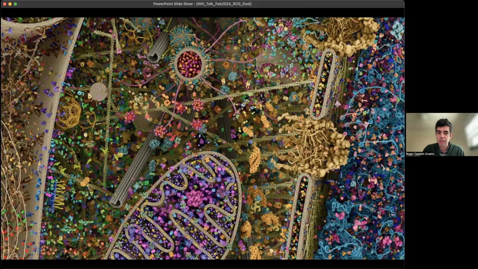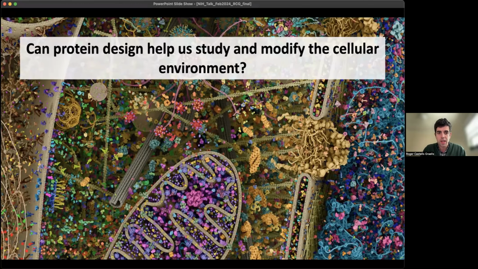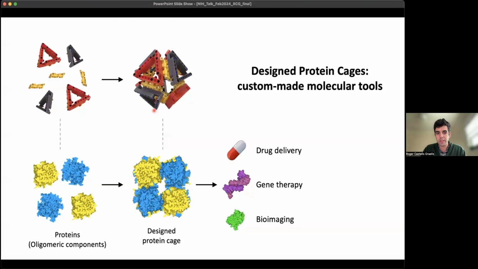But if we want to study smaller things that you can see in this picture, it would be difficult or not possible because they are too tiny to be seen. So one of the questions is, can protein design help us study and also modify this cellular environment and to study all these amazing proteins? So the answer is yes.